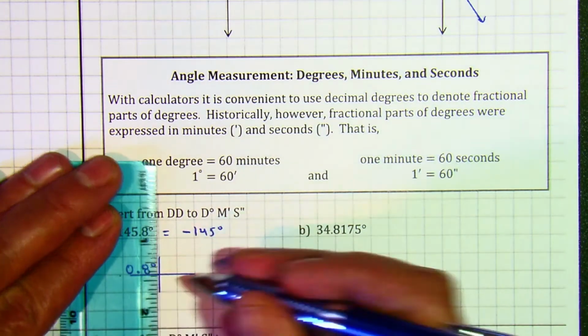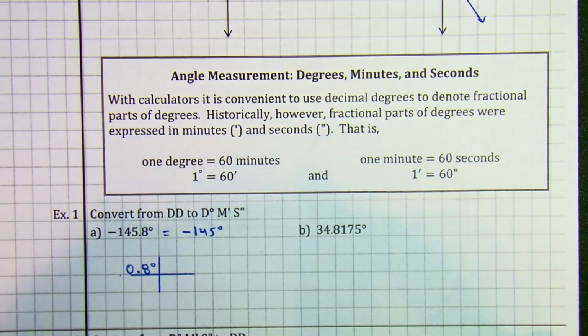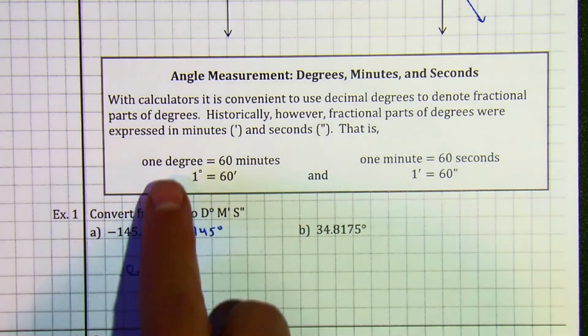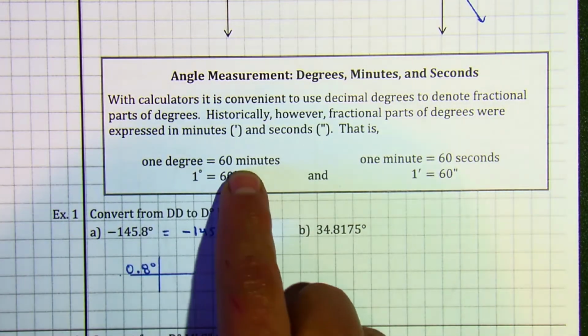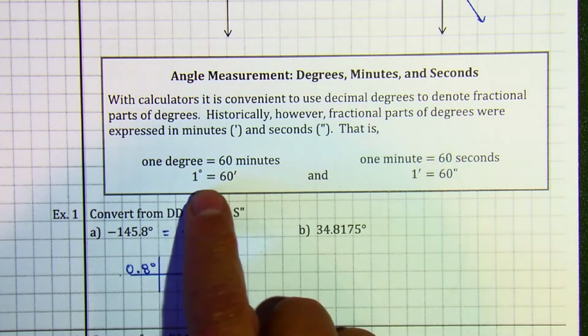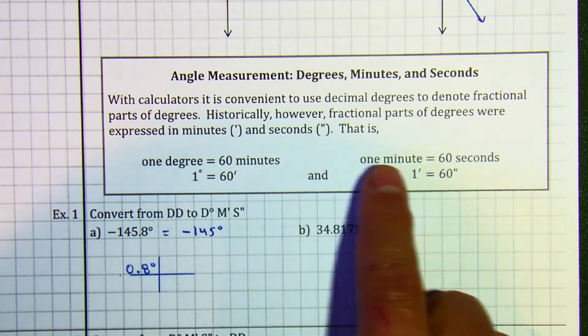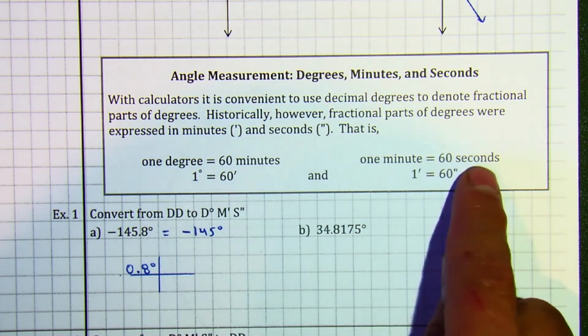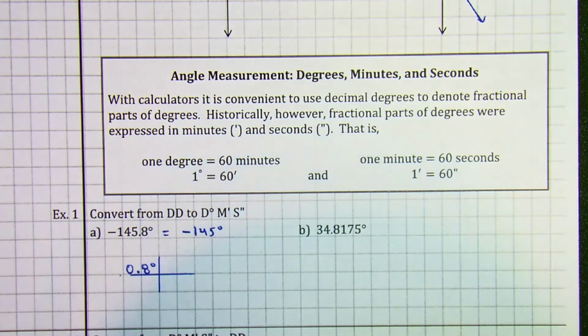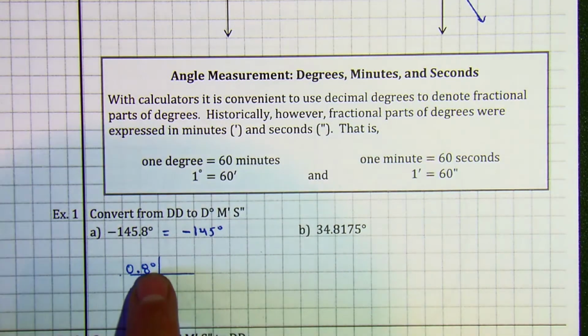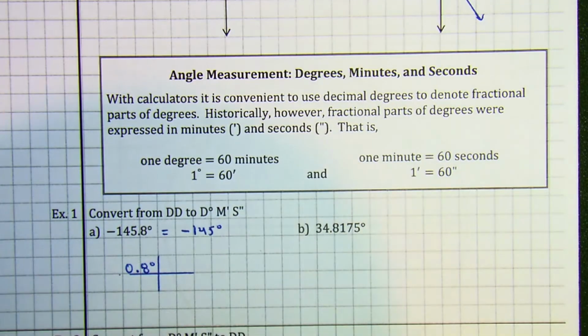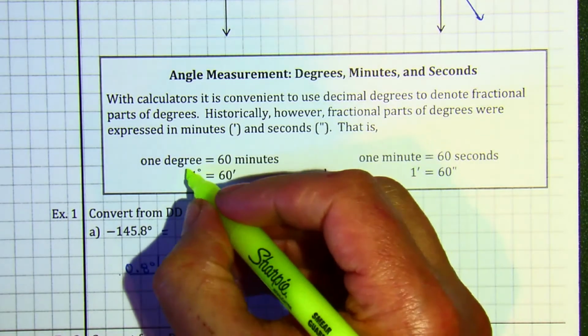Now, if there's a decimal, then I'm going to convert that decimal into seconds. Now, we know that 1 degree is equal to 60 minutes, and this is the notation. And we know that 1 minute is equal to 60 seconds. Since I need to convert from degrees into minutes, I'm going to use this equivalency.